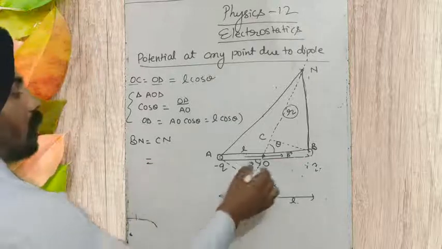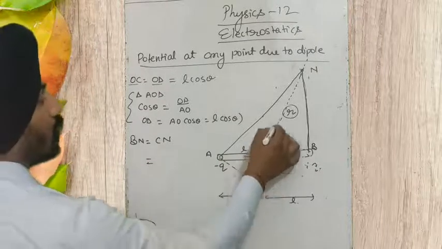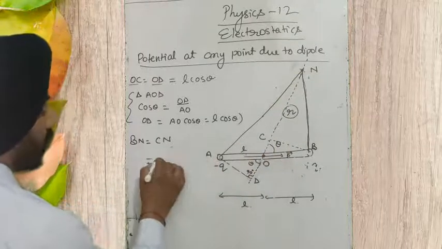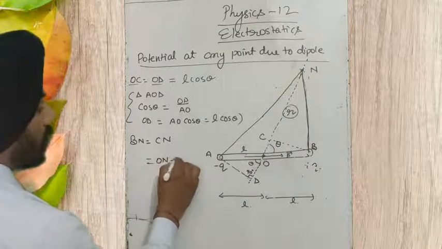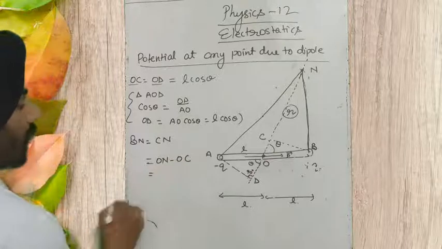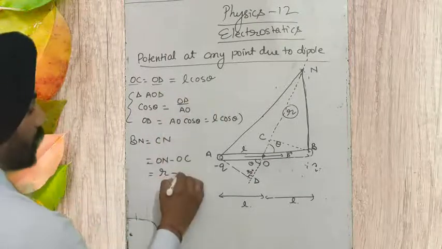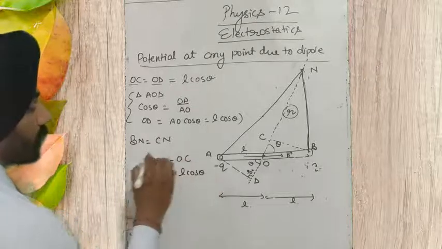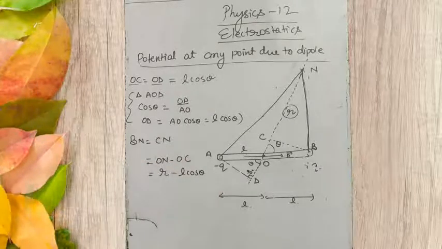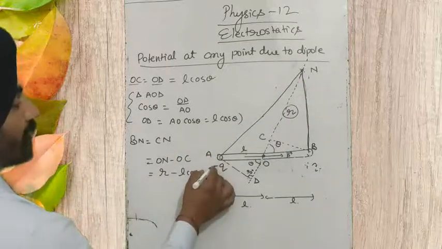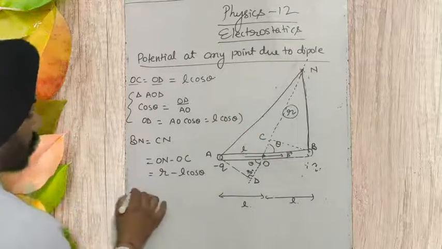So what is CN? CN is equal to ON minus OC. What is ON? That is R. And OC we have calculated, that is minus L cos theta. Similarly, the value of AN, the distance of the minus q charge from the point in question.